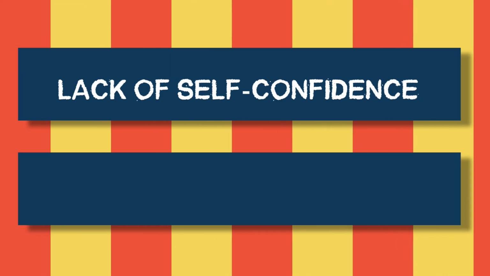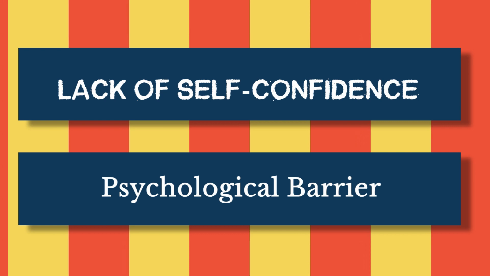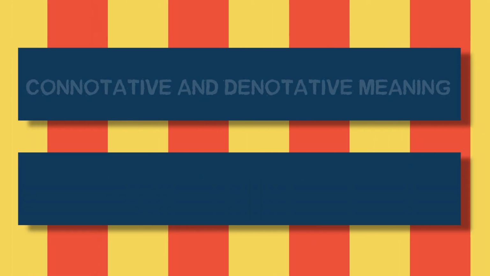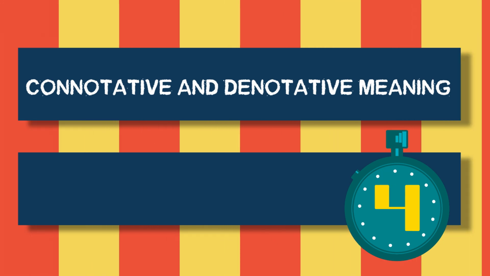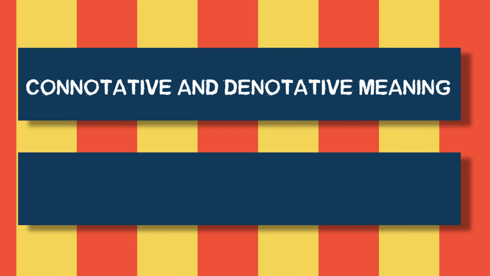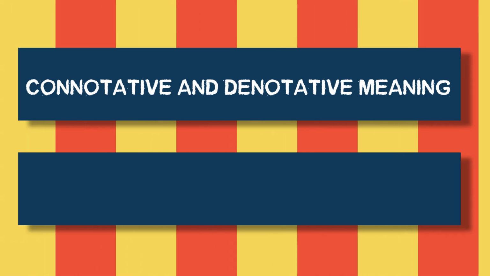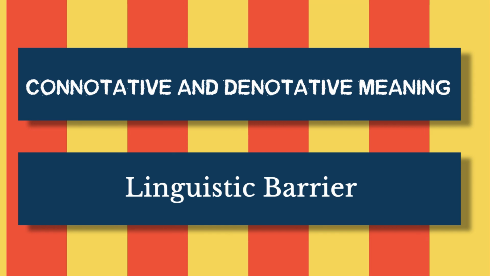What did you answer? It is psychological barrier. Number 2. Connotative and denotative meaning. It's easy, right? Did you answer linguistic barrier? You are right. Number 3.